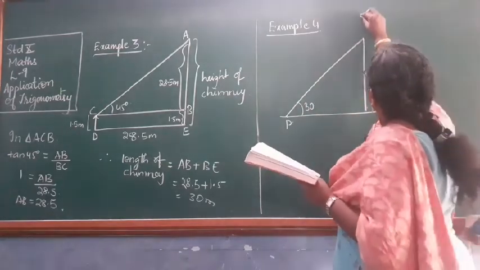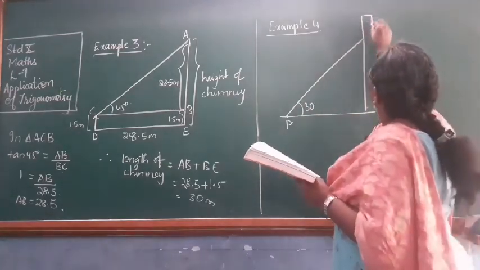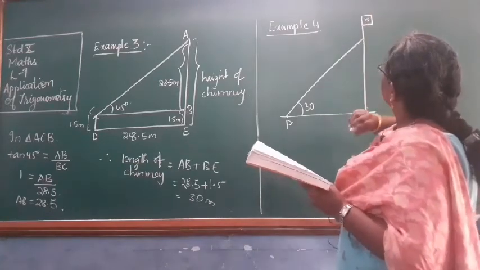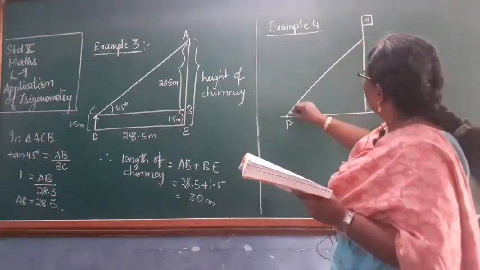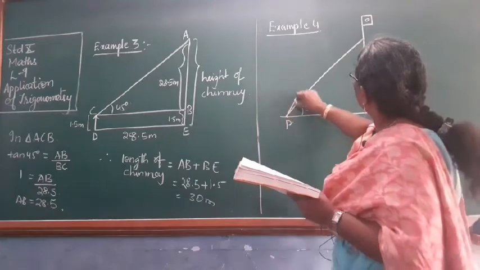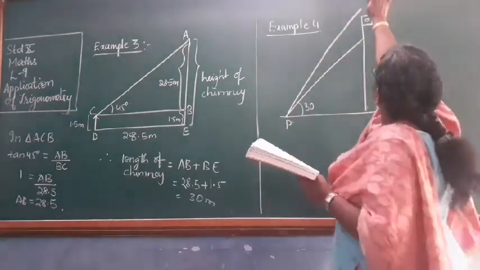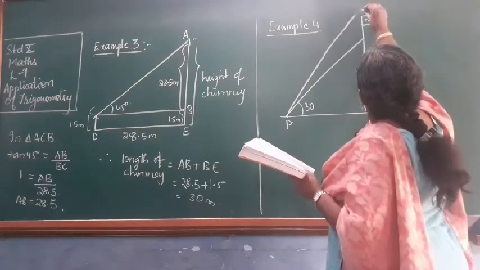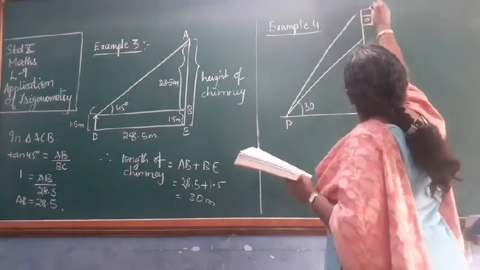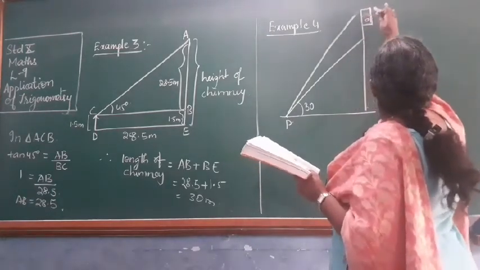But there is a flag on the top of that building. From that point to the top of the flag, I just extend my flag so that I can get it properly.